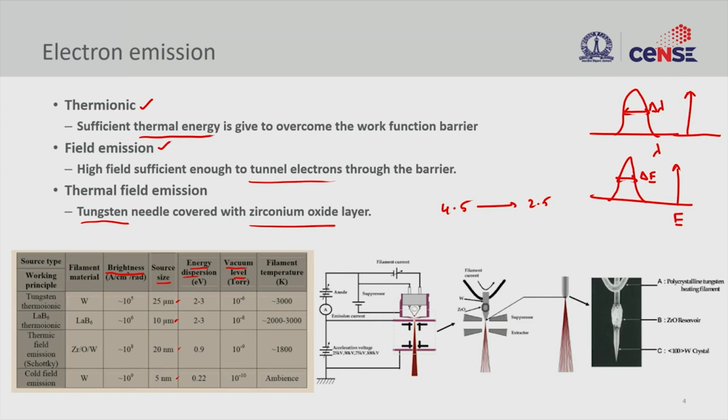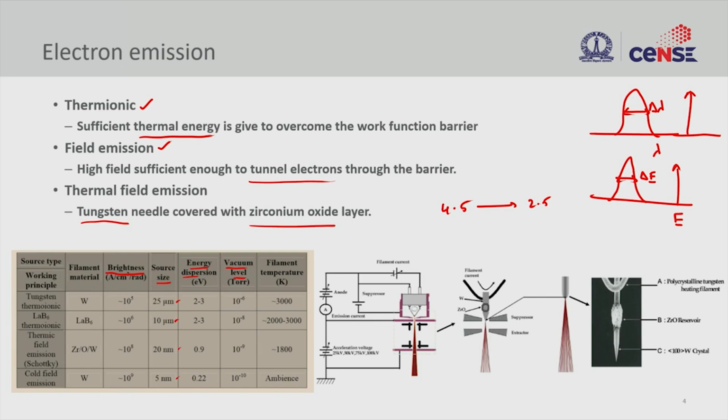However, if you look at tungsten thermionic emitters, 25 micron is a reasonable feature size, and 10 to the power of minus 6 torr is the required vacuum level, which is typically used in a lot of vacuum processes. So it's not just about source size, it's also about the vacuum level one can reach and the energy you want to spend on it.